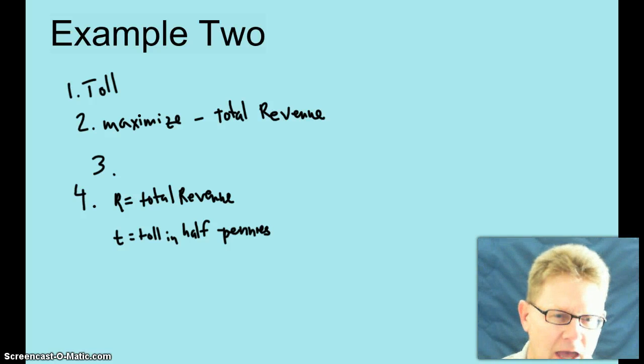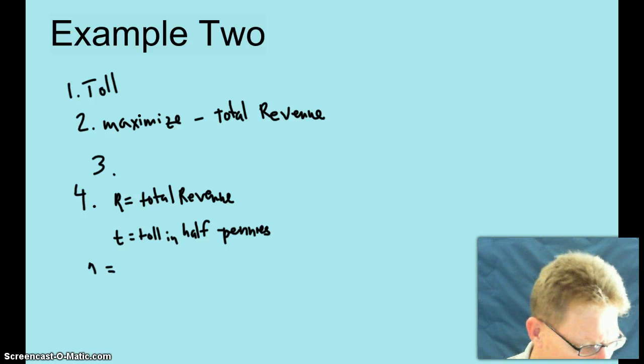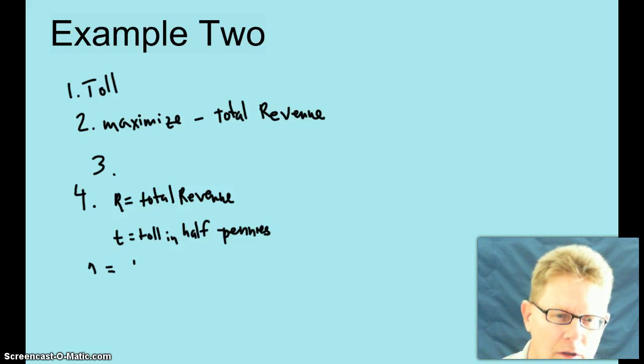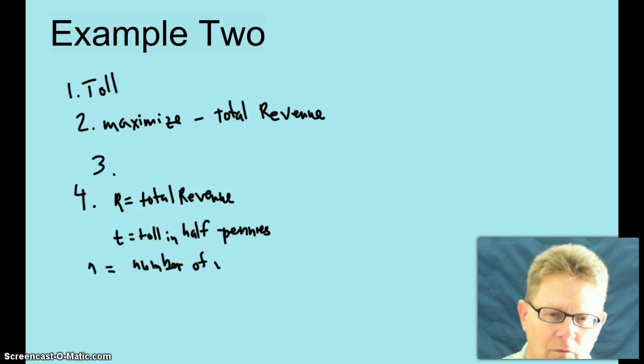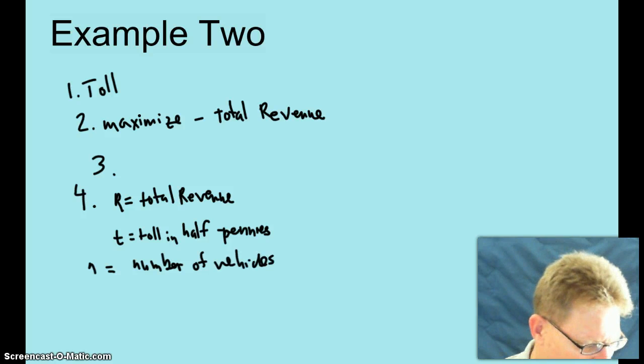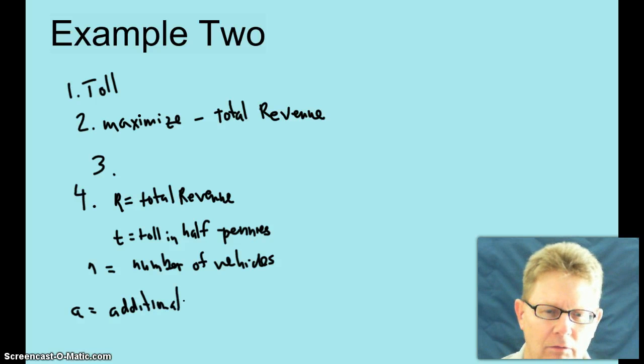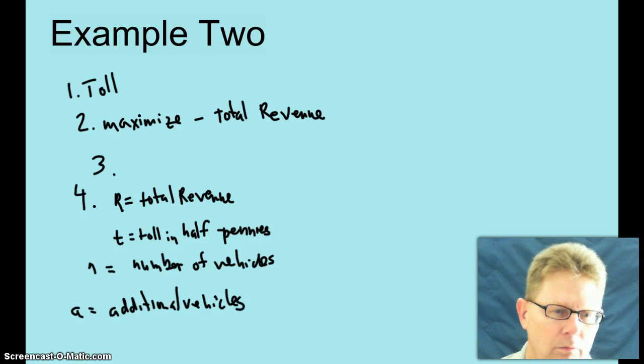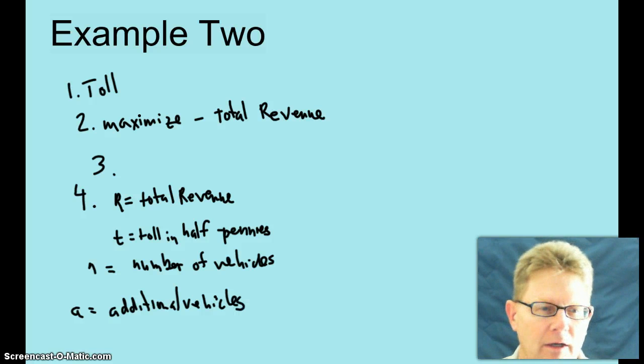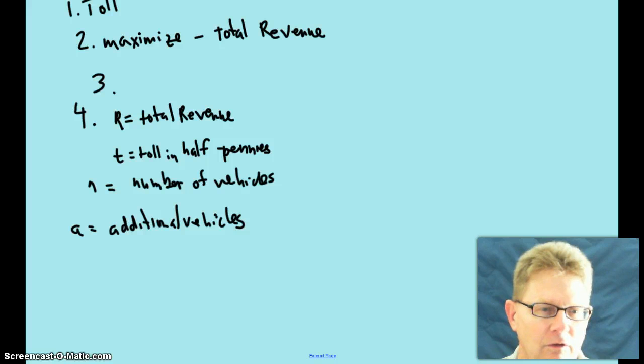We're going to make N equal the number of vehicles using it. And we're going to make A equal the additional vehicles that will use it as we bring the price down. Whew. That is quite a smattering of things.